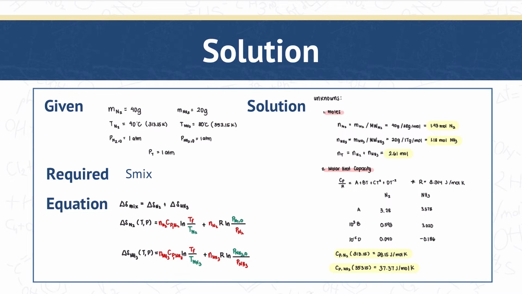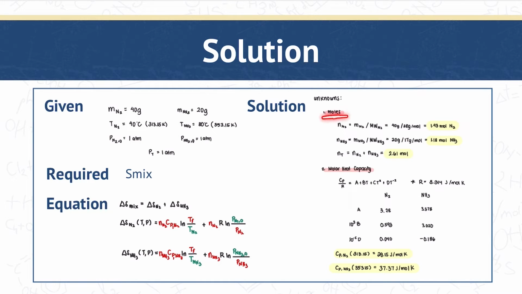Then, we can see na yung mga naka-red is yun yung wala sa given. Need pa natin isolve. Then, yung green is meron sa given. So, meron na tayong initial temperature ng individual gases, then initial pressures nila. But we don't have the final pressures, the moles, and the molar heat capacities. So, ang solution natin is solving for the unknowns muna.